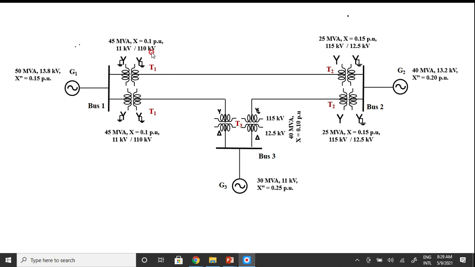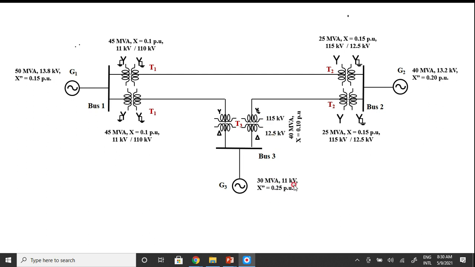Ultimately, here it is 13.2 kilovolts and here it is 12.5. Similarly, this side is 13.2, therefore once again I am choosing 12.5 here, and 115 here. Then for transformer T3, here it is 115, here it is 12.5.